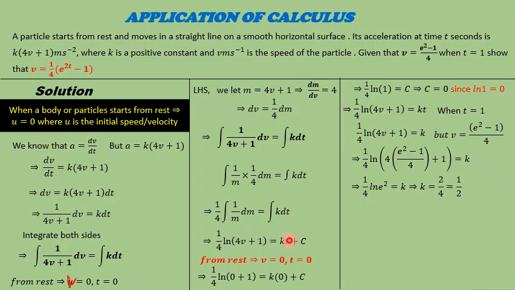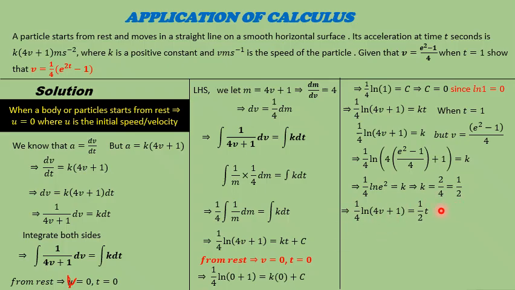And then since we know our k value, which is half, I can come back now to this equation here and substitute my value of k. So at the end of the day, I'm going to have 1/4 ln of 4v plus 1 equal to half t. And then here again, what next? I can just cross multiply again, or I can multiply everything here by 4.